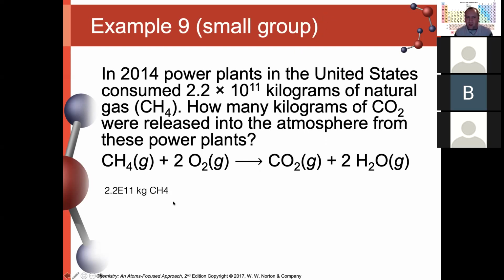Our first step would be the conversion from mass of methane to moles of methane.